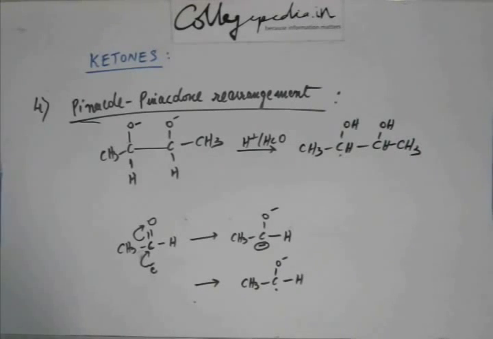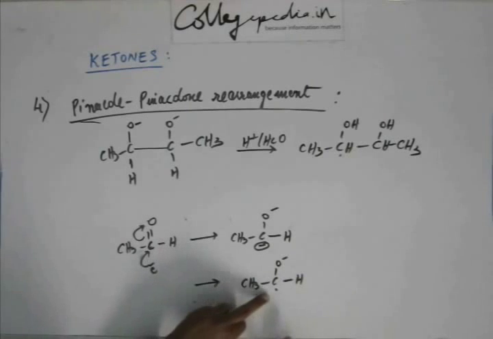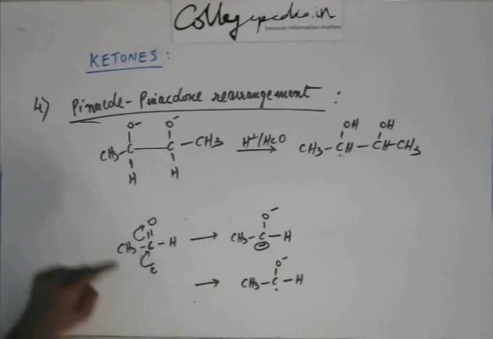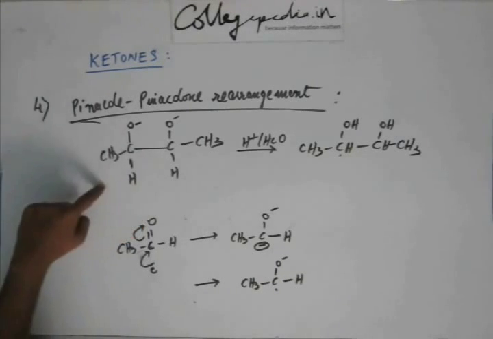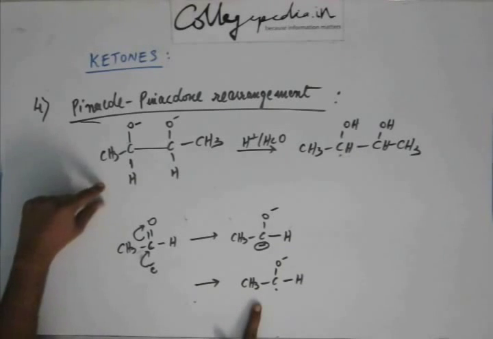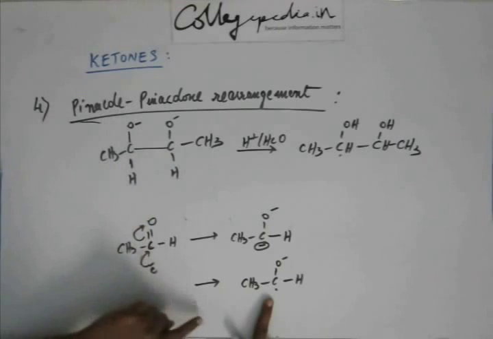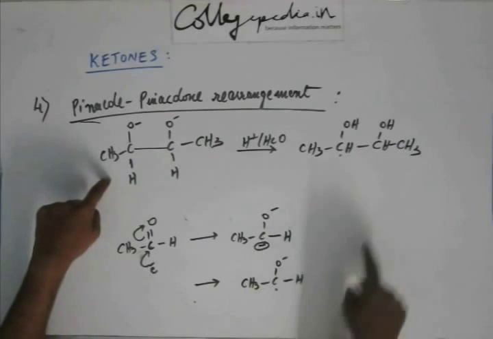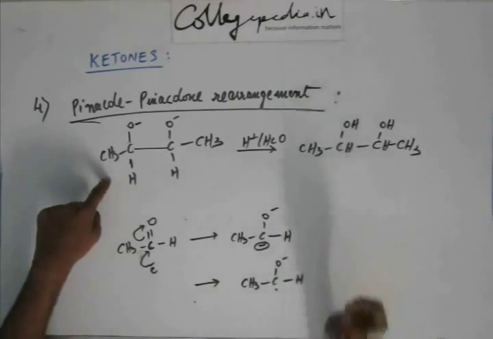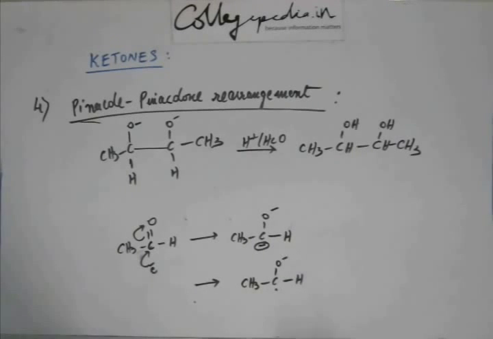Now if two molecules of this free radical form of intermediate dimerize, the C dot and another C dot will form a bond, and you will get the same intermediate. So you will get the same Pinacole. Fine. So you can take any of them. So you have now Pinacole. Now this vicinal diol is Pinacole.